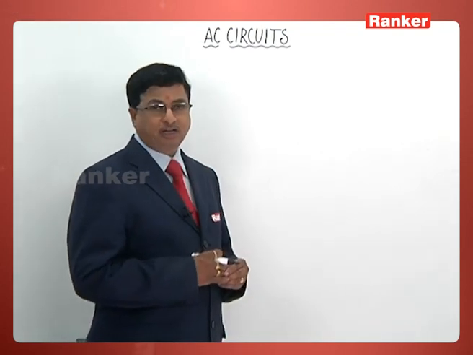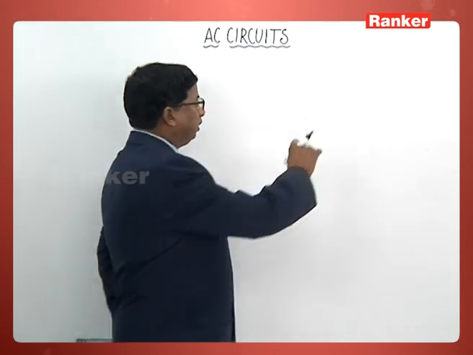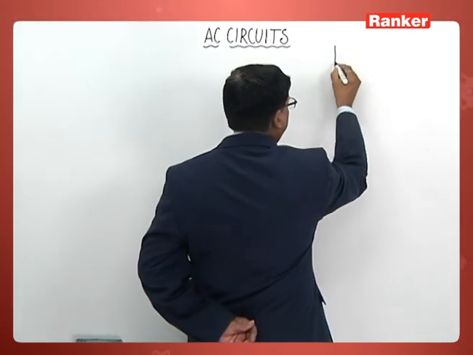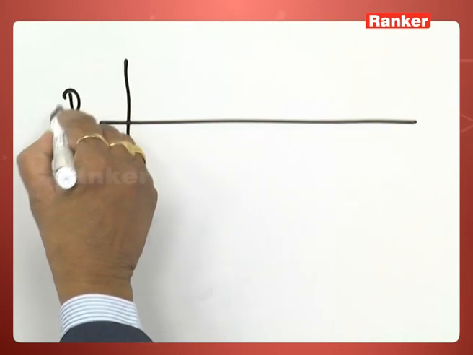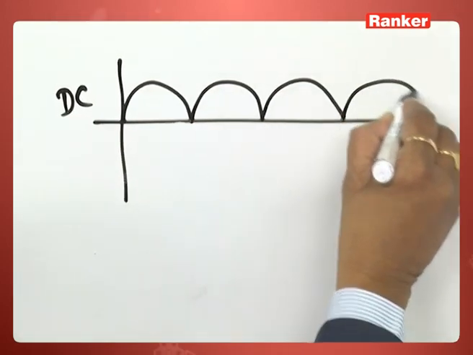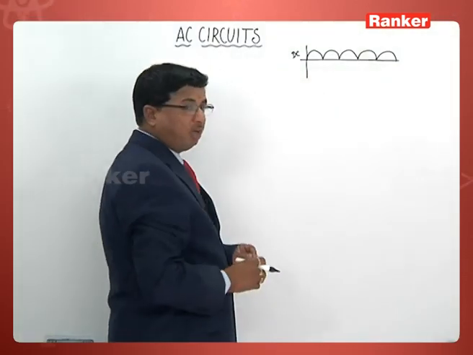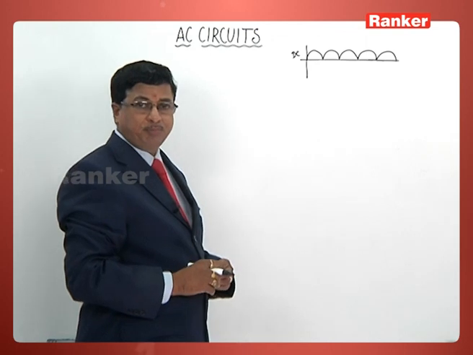Generally, while representing alternating current and direct current, the representation for direct current will have peaks like this, all positive, with no variation in polarity.